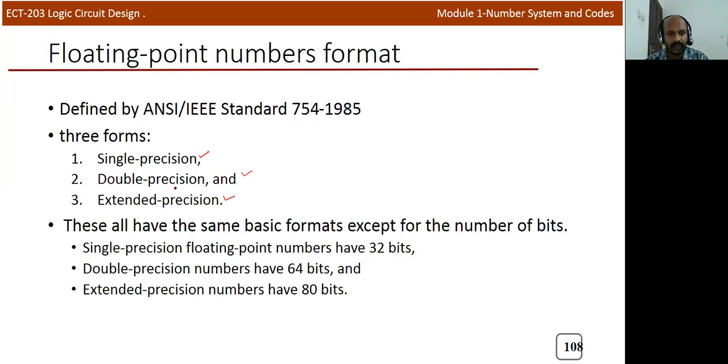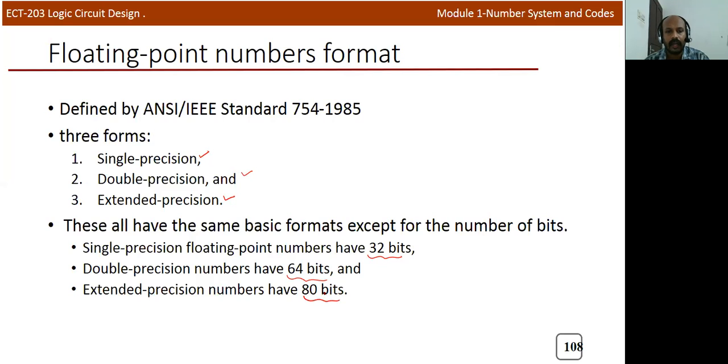The basic structure is the same in all three cases, but the difference comes in the number of bits. Single precision uses 32 bits, double precision 64 bits, and extended precision 80 bits.